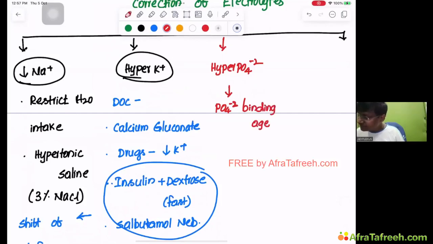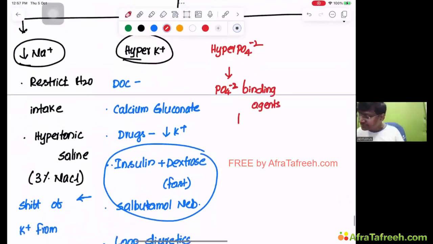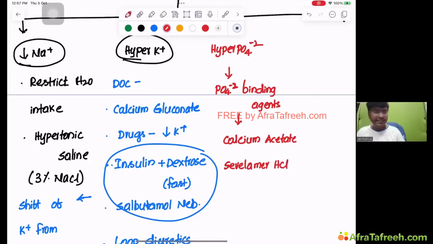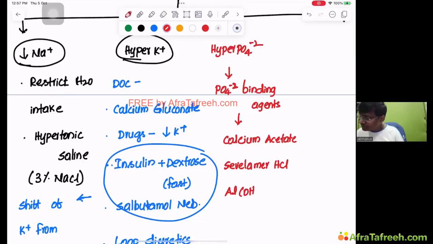What are the examples of the phosphate binding agents? Calcium acetate, sevelamer hydrochloride, and aluminium hydroxide. So these are all your phosphate binding agents. That is how you will treat the hyperphosphatemia.